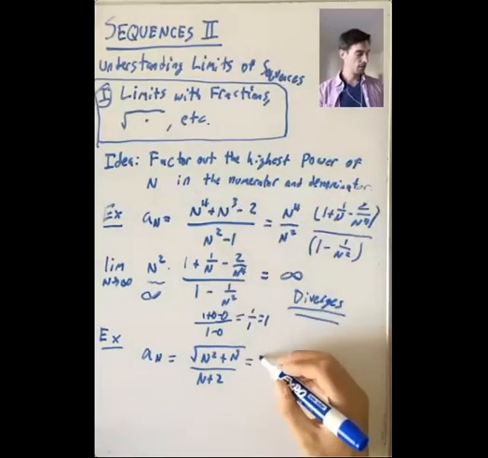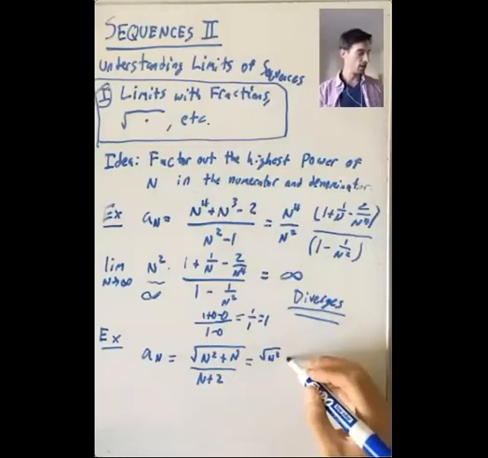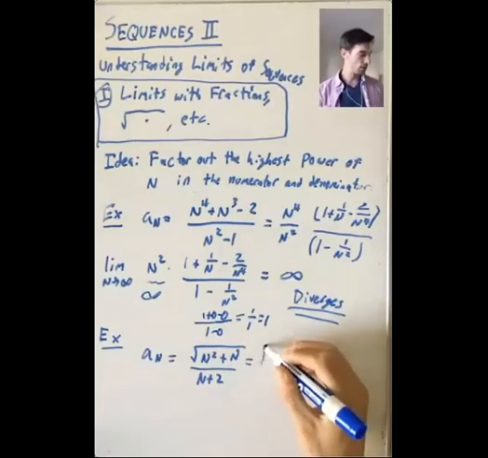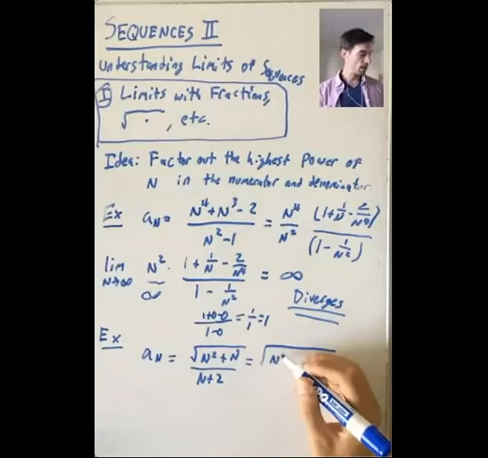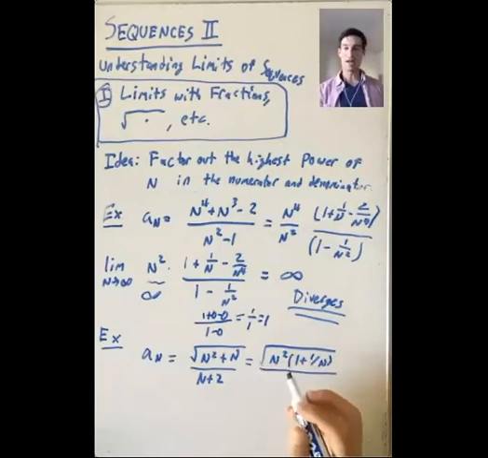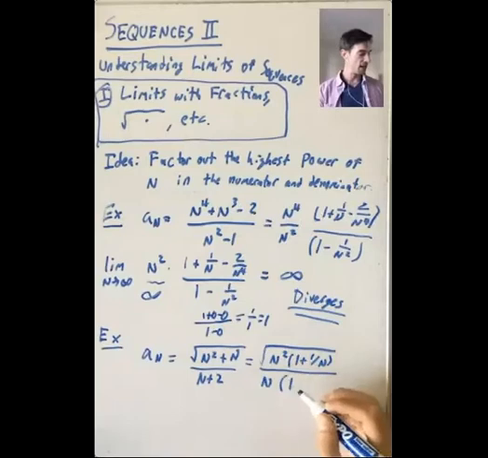First, let's write the numerator as the square root of n^2. Well, okay, let me do this in more steps. We can write it as the square root of n^2 times (1 + 1/n). And the highest power of n in the denominator is n. So let's write the denominator as n times (1 + 2/n).